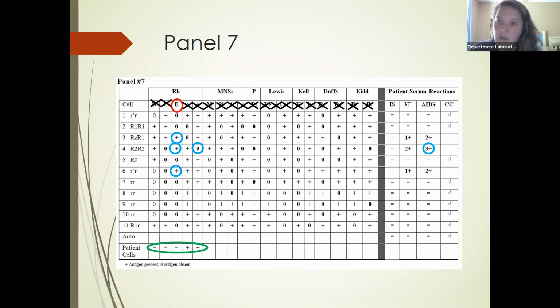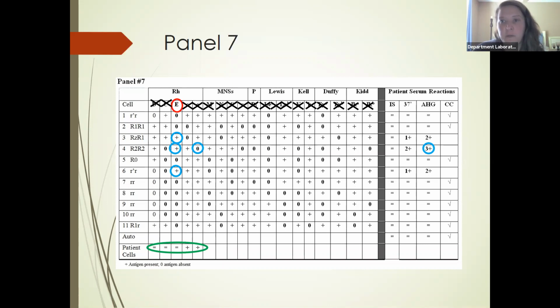Given that our patient is big D negative, so this patient's Rh negative, he does not have the big D antigen, when you're writing out his Rh genotype, he is going to be little d on both alleles. Notice that he is big C negative, so neither one of those alleles have the big C expression. So he is little c positive, so he has to have little c being expressed on both alleles as well.